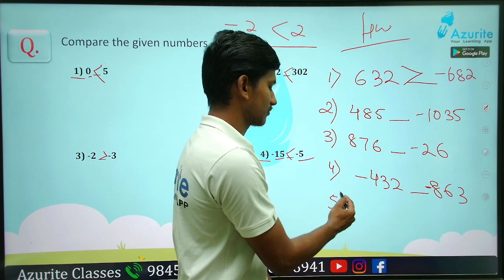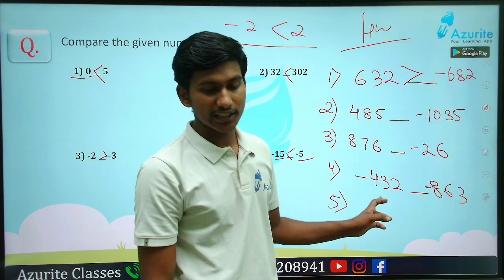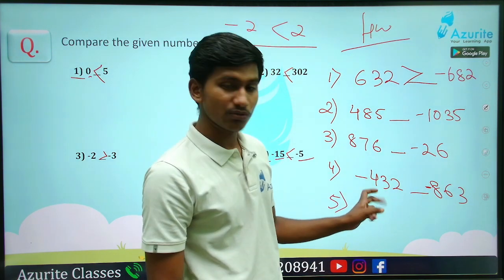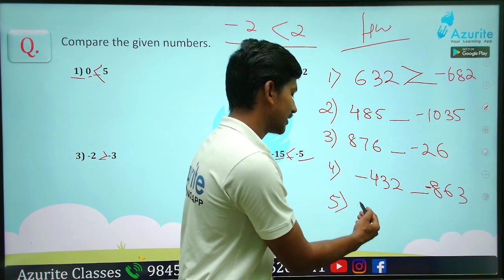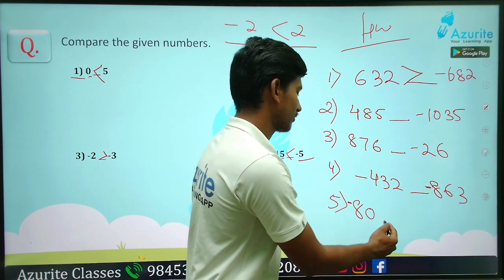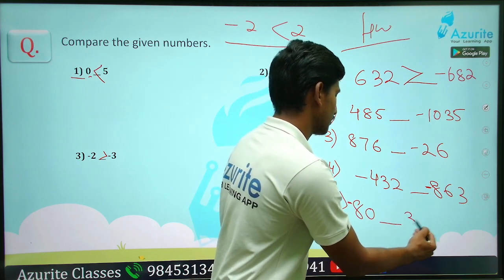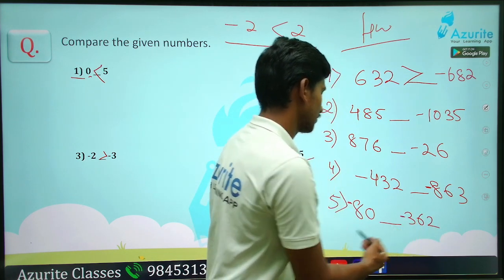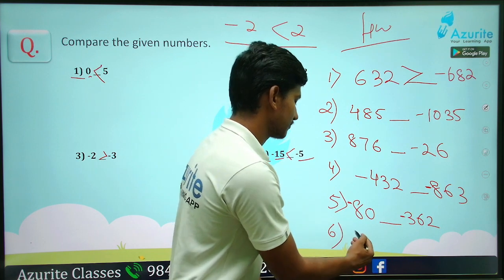Sir, it's minus 432. Yes, minus 432 is bigger, because the smaller will be bigger in minus. Okay, good. Minus 80.